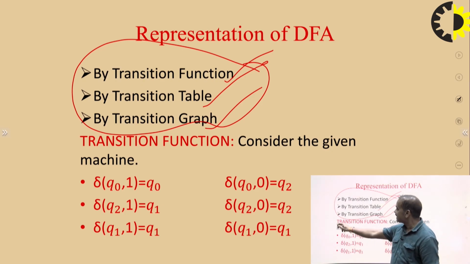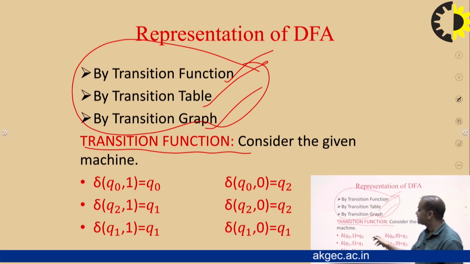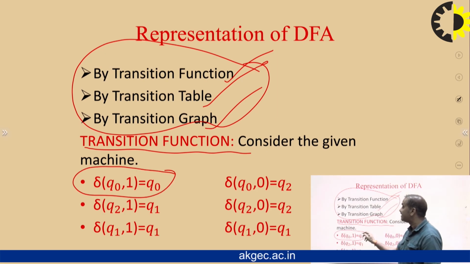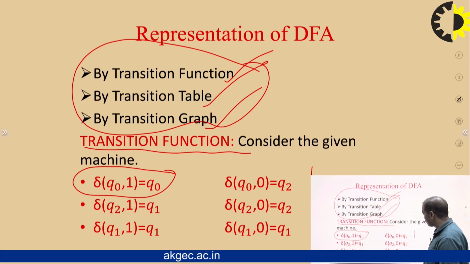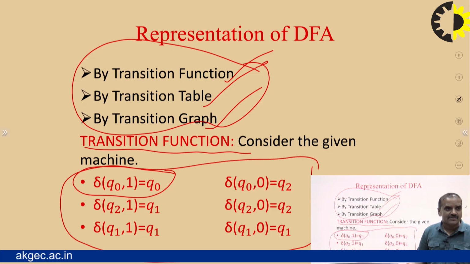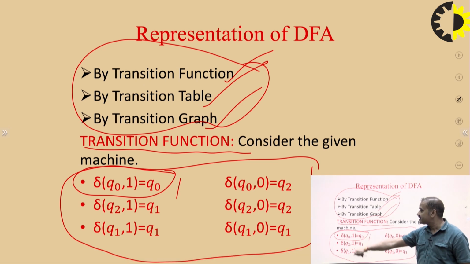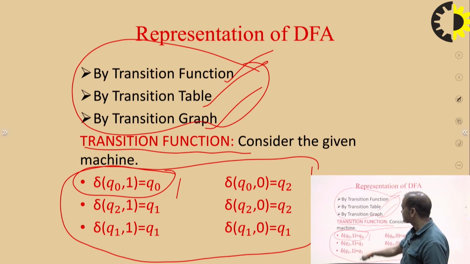Now, the next point is the transition function. We saw what is meant by transition function. It is written in the form of delta. This is the transition function of a machine, which may be of any type and process any type of language, but the machine is written in the form of a transition function. Here state Q0, taking input 1, the next state is Q0.